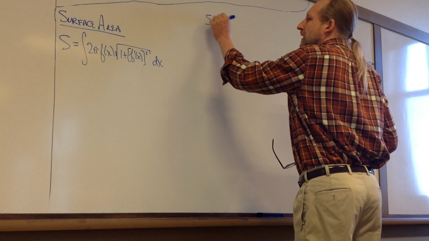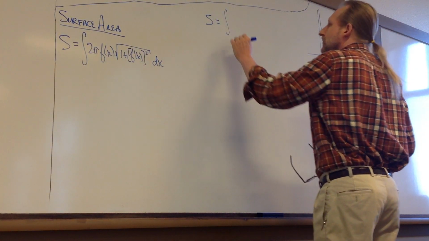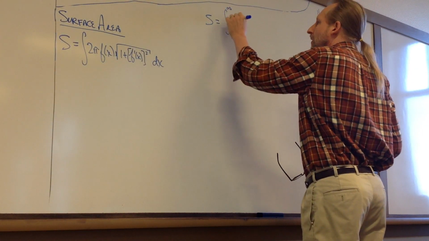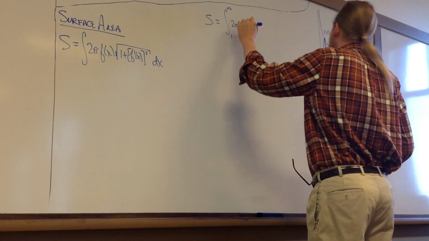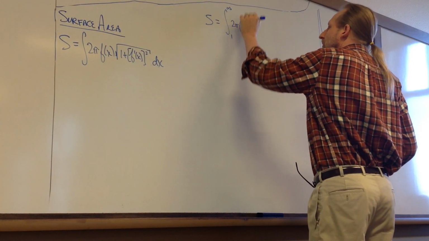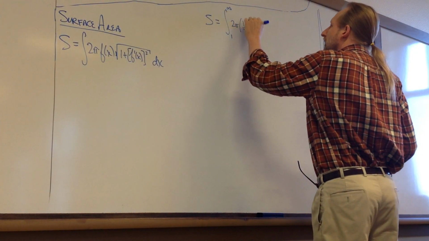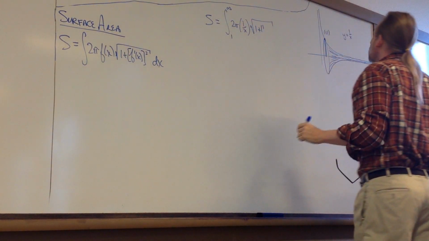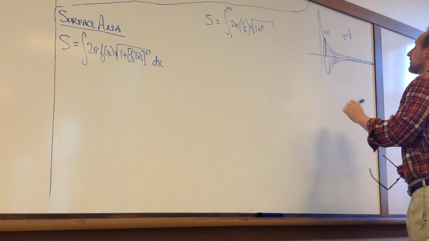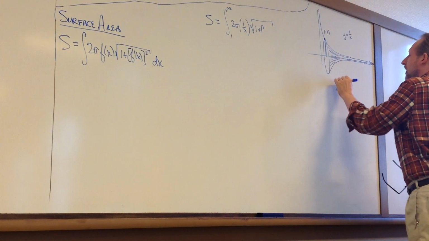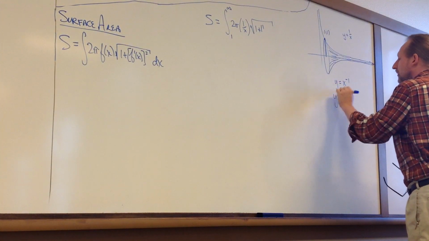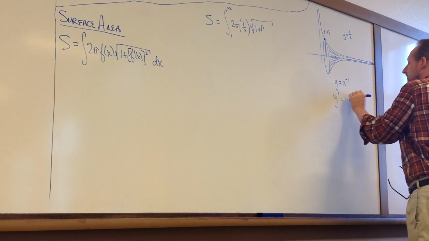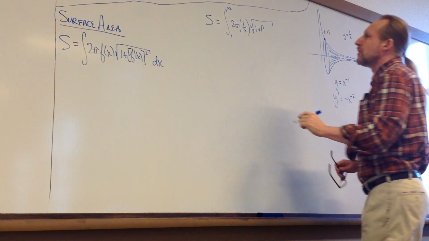Our surface area is the integral from 1 to infinity of 2 pi, our f of x is 1 over x, and square root of 1 plus the derivative. If y is x to the minus 1, y prime is going to be negative x to the minus 2.